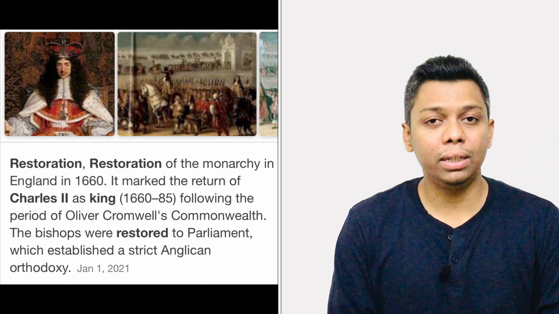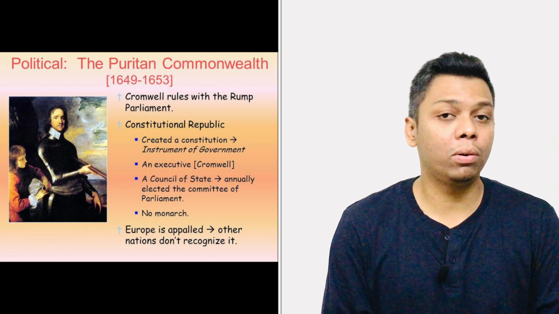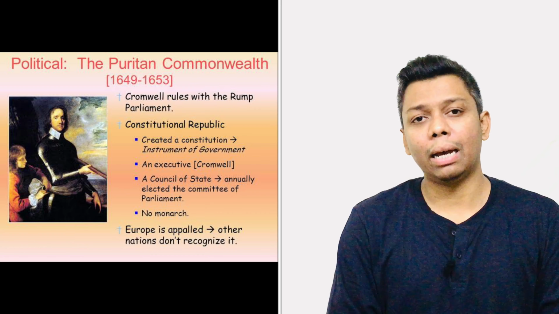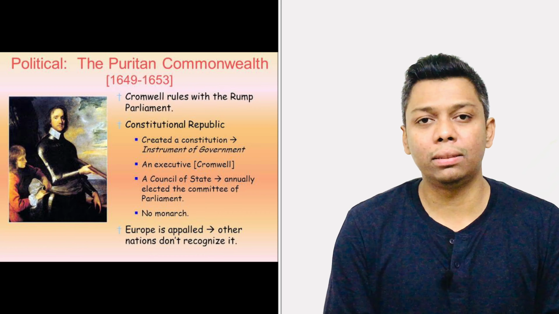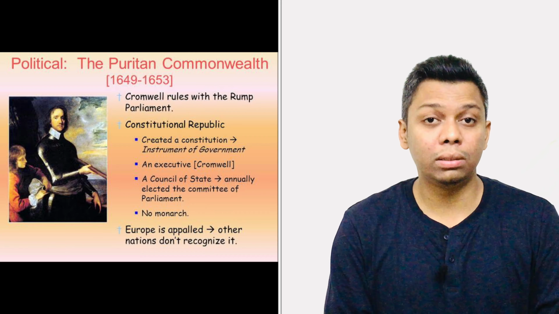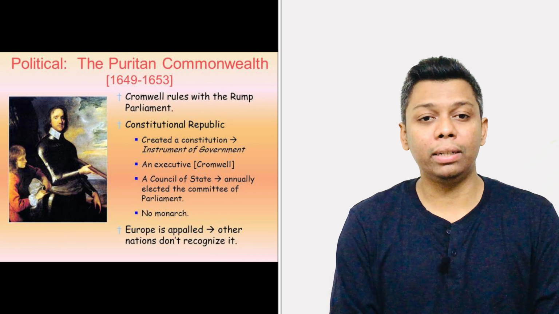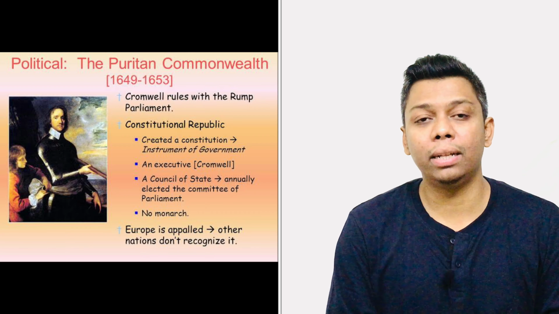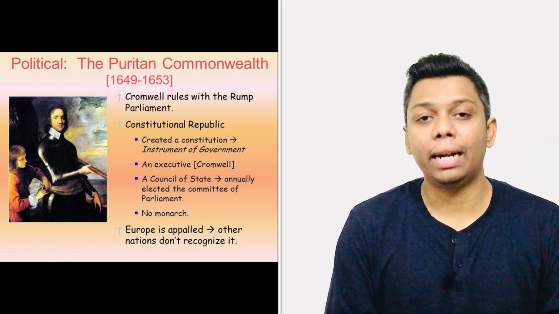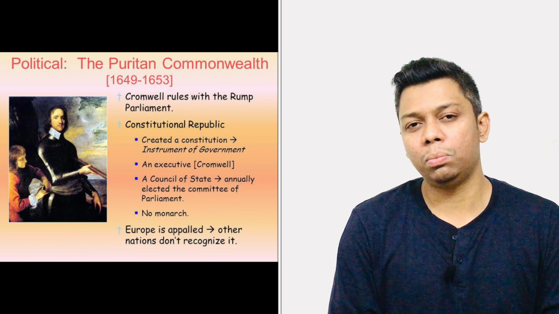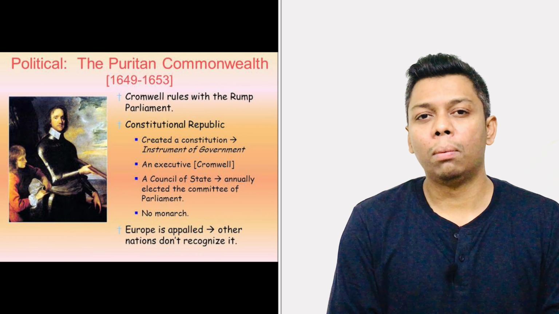Coming to the political background of the Interregnum, Commonwealth or Puritan age, the political situation was very unstable in these 11 years. First and foremost, England was politically dominated by the wishes of the grandees. Those people were the New Model Army.